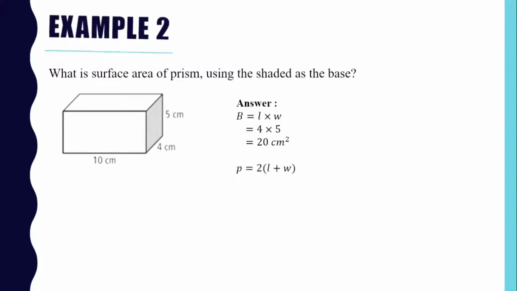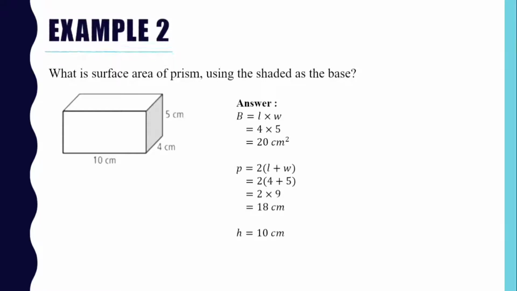The perimeter of the rectangle is 2 times in brackets length plus width, close bracket, equals 2 times in brackets 4 plus 5, close bracket, equals 2 times 9 equals 18 centimeters. And from the picture, we get the height of the prism is 10 centimeters.